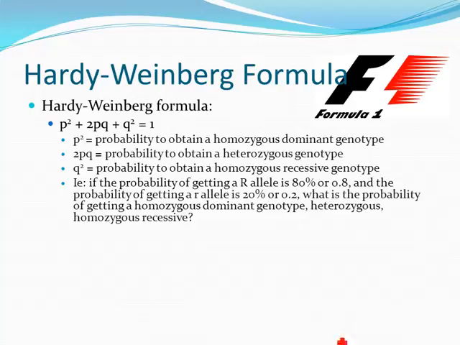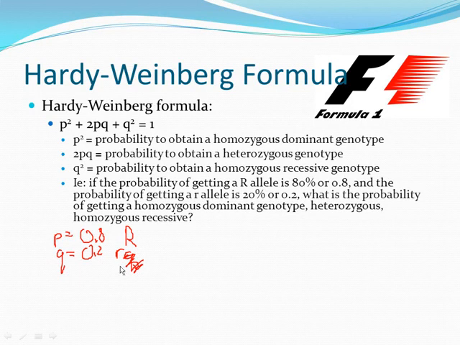Okay, so once again, the probability of getting the dominant allele is 0.8. This is the probability of getting this dominant allele. The probability of getting a recessive allele is 0.2. Sorry, it's a lowercase r here.